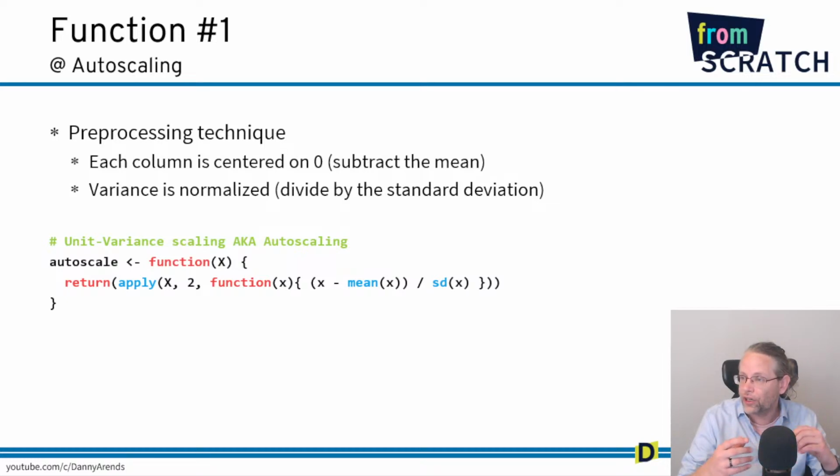Right, so basically it works like this. You center each column around 0. So you take a column of the matrix and you subtract the mean of the column. And then you normalize your variance. So normalizing your variance is done by dividing by the standard deviation. Right, so if you now have a phenotype which has a large amount of variance, it will have a large standard deviation.